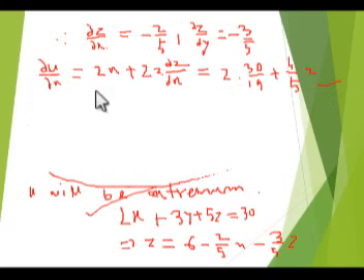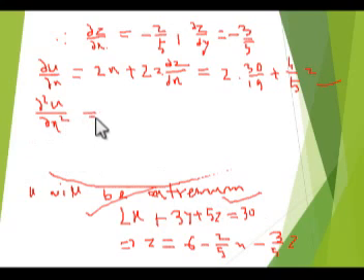Now we will have to differentiate again with respect to x. We need the second differentiation with respect to x to find out whether the extremum is of which type, maximum or minimum. This is del x square.